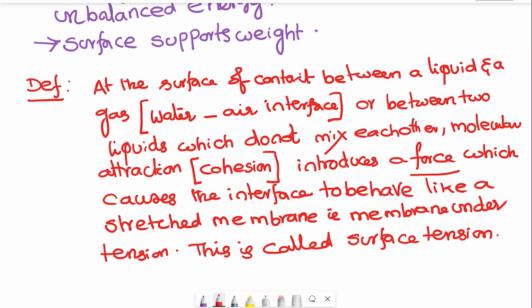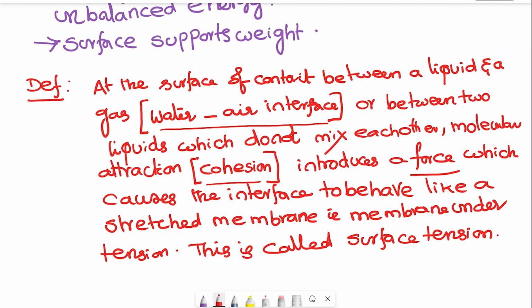And at that place, cohesion, molecular attraction, introduces this force. Because of that force, the surface acts as a film, a stretched membrane, a membrane under tension.